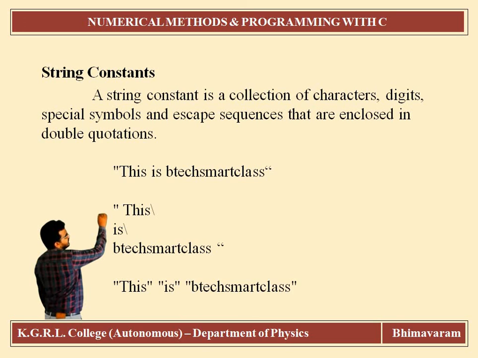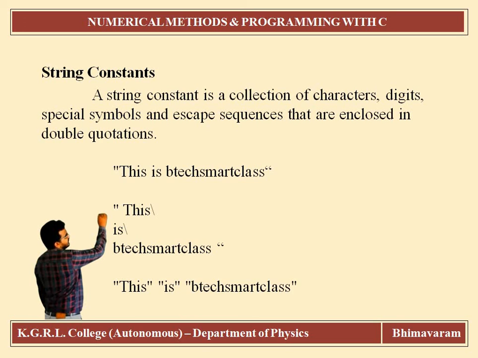Next, string constant. A string constant is a collection of characters, digits, special symbols, and escape sequences that are enclosed in double quotations. For example, we define a string constant in a single line as follows: "This is ptext mod class", enclosed with double quotation.